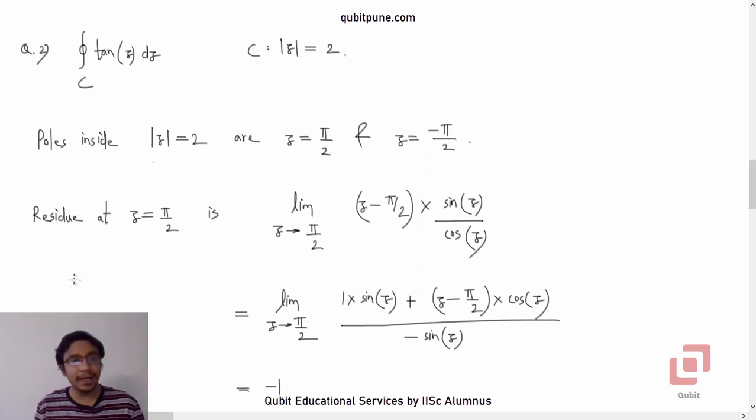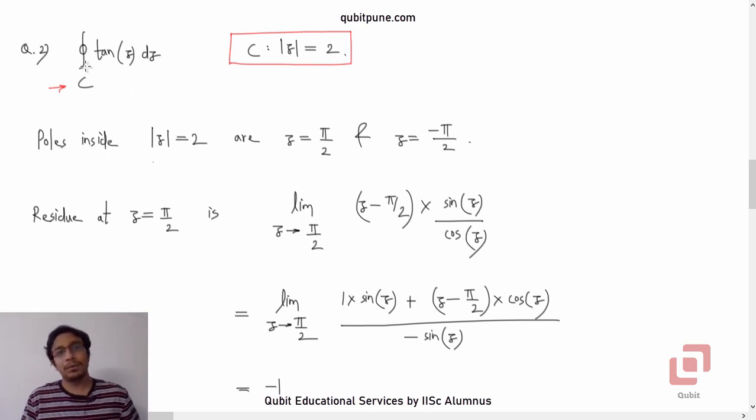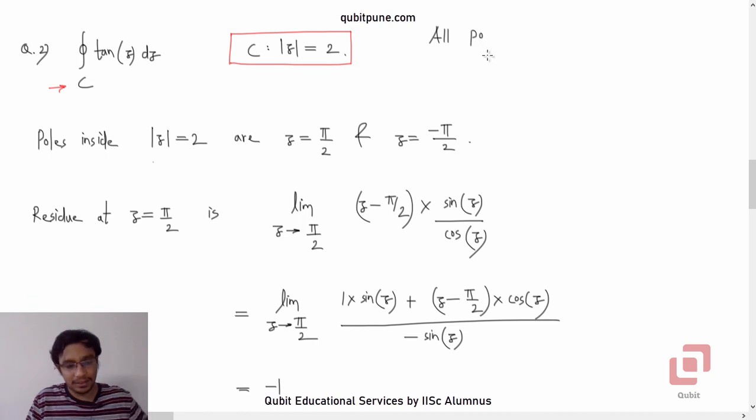Question 2. Integrate tan z with respect to z along a curve C, which is given by mod of z equal to 2. So again a circle centered at origin, radius 2. Now we know that tan z has infinitely many singularities. You can prove that all singularities are simple poles for tan z.